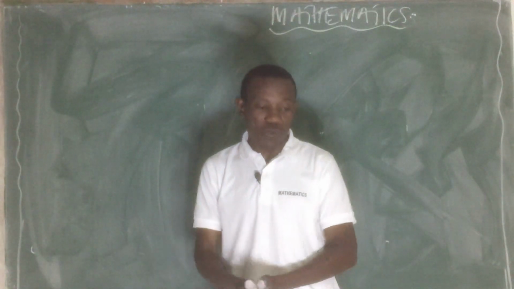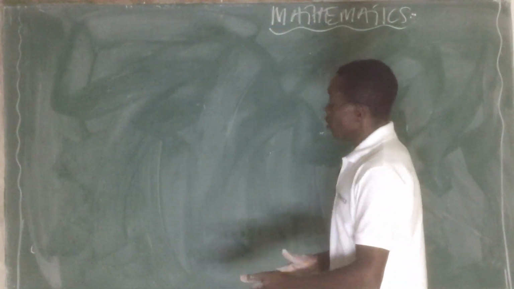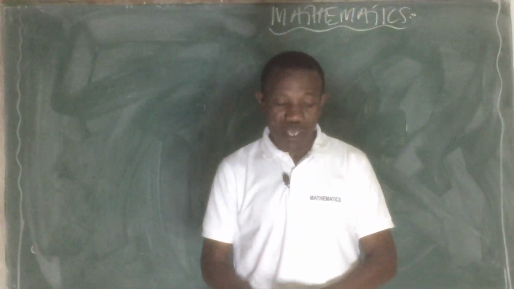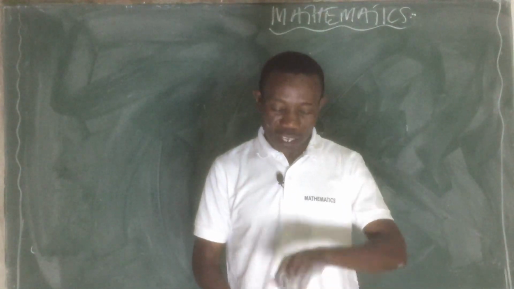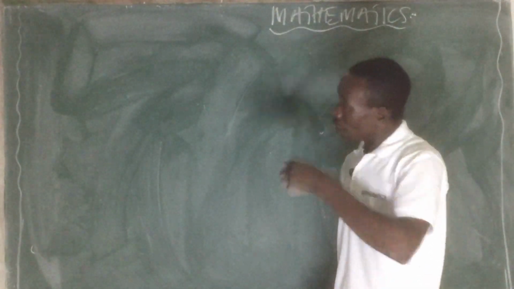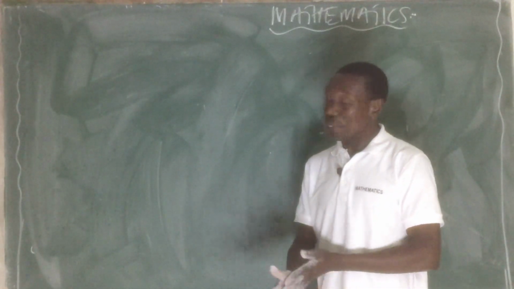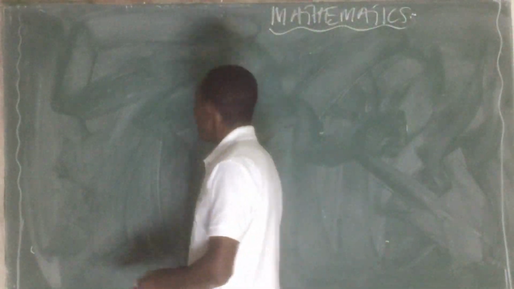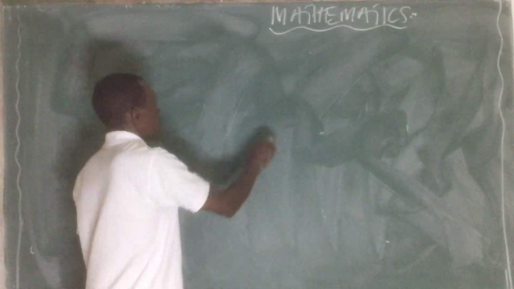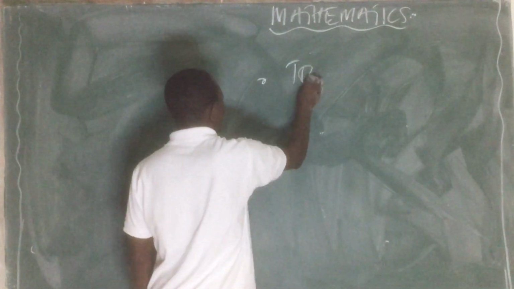Hello students, we are back in our discussion about transformation, and so far we have discussed two types of transformation. We have seen how an object can transform by translation and also by rotation.